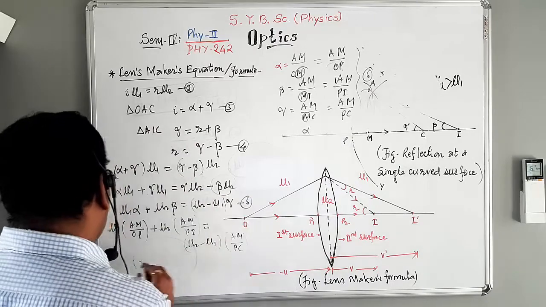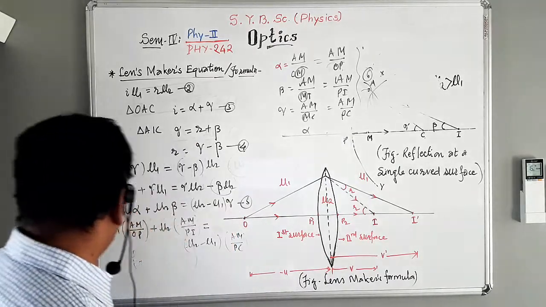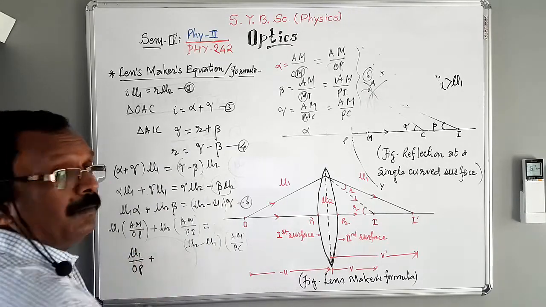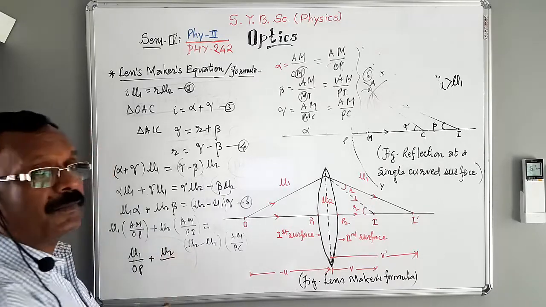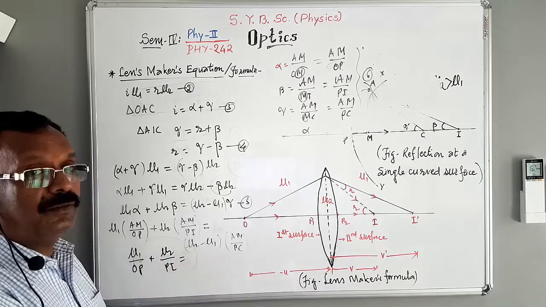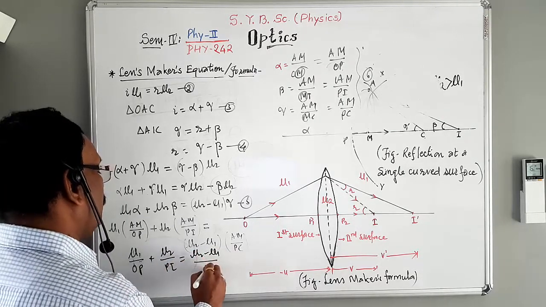When AM is very small, then mu1 upon OP plus mu2 upon PI is equal to mu2 minus mu1 upon r.